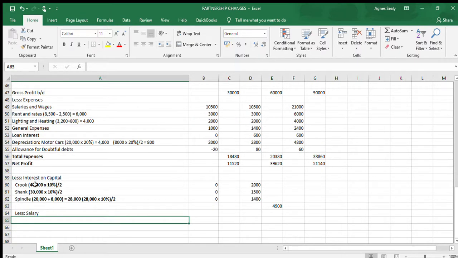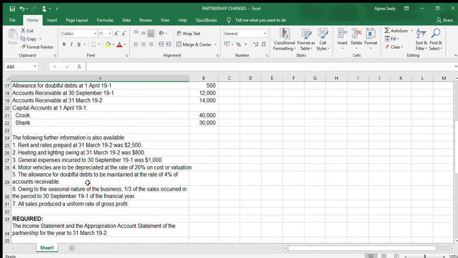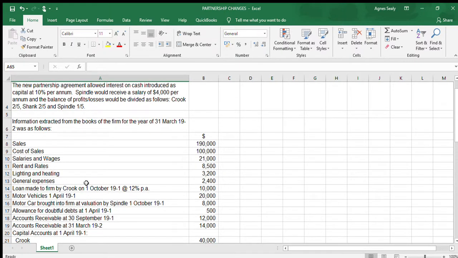That is some of the profits that he's getting before they actually share the profits between each other in their profit sharing ratio. And maybe he's getting this extra because he specializes in a particular area, or maybe because he might be spending the majority of the time at the business doing whatever needs to be done, and he's being offered something extra per annum.